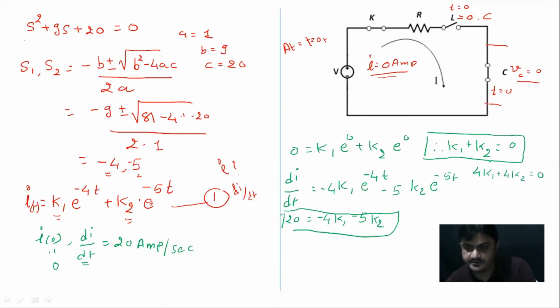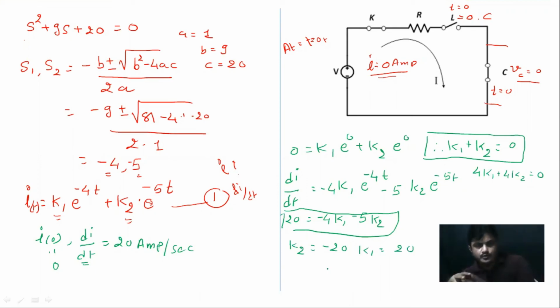Now add these two equations: 4k1 and minus 4k1 get cancelled, and minus 5k2 plus 4k2 gives minus k2, which is equal to 20. So k2 is equal to minus 20. You put this value in the first equation, and you will get k1 equal to plus 20.